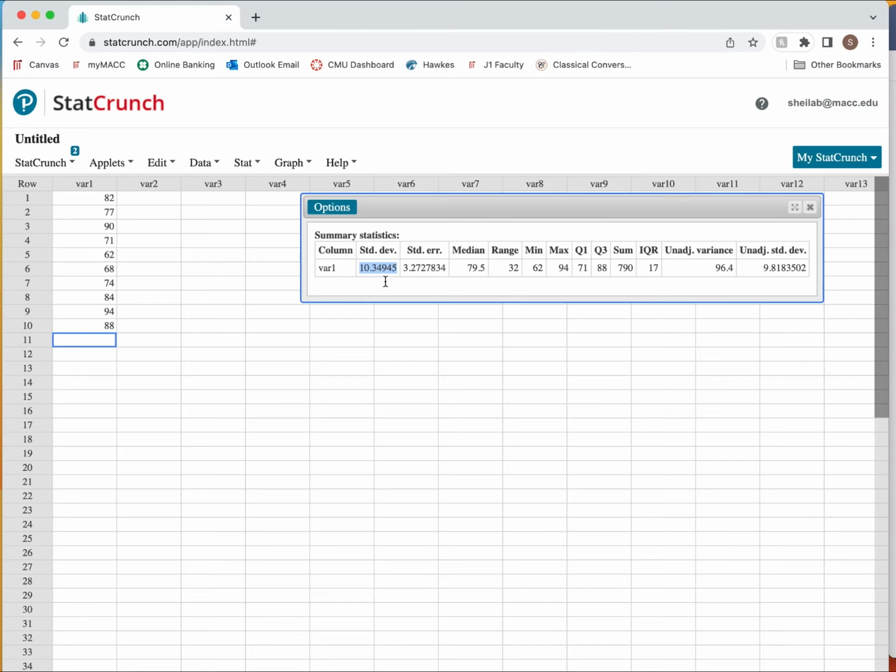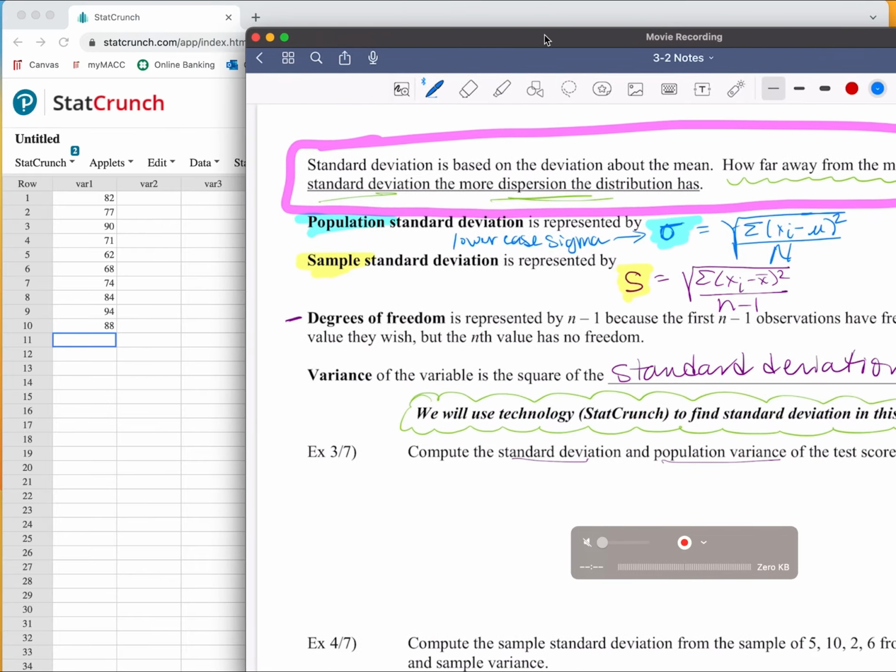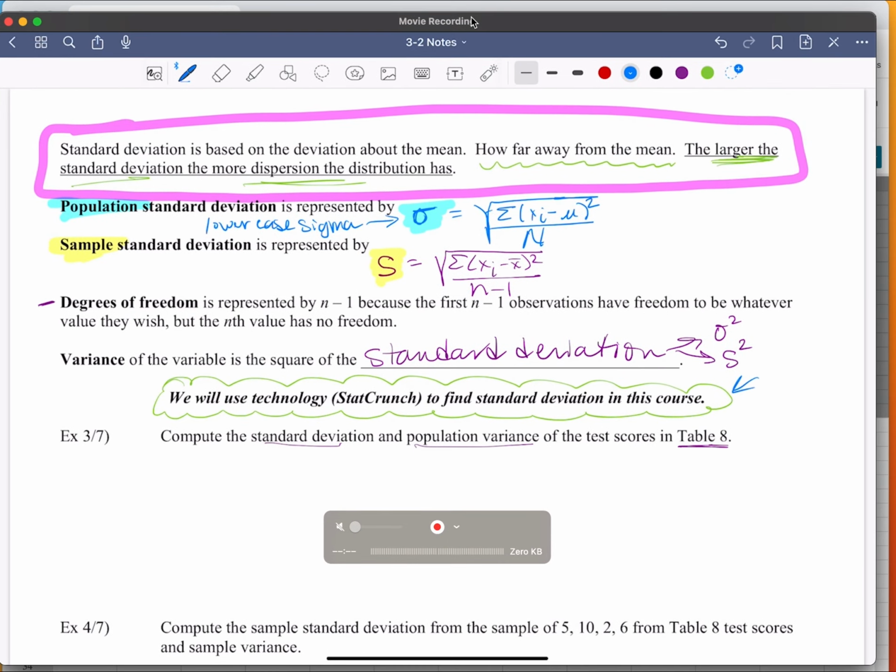No, because this one adjusts for the degrees of freedom, assuming that this is a statistic from my sample. You see where I'm getting at now? It does make a difference if it is a population versus a sample. So if I pull this back, I also want to point out these formulas.